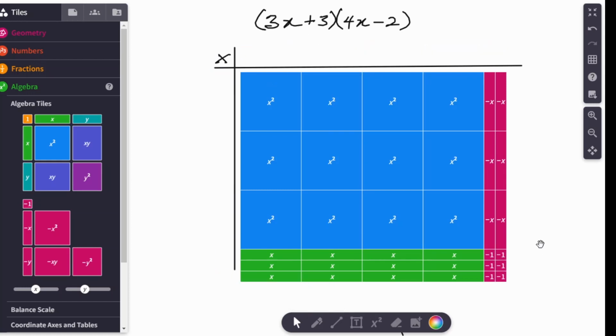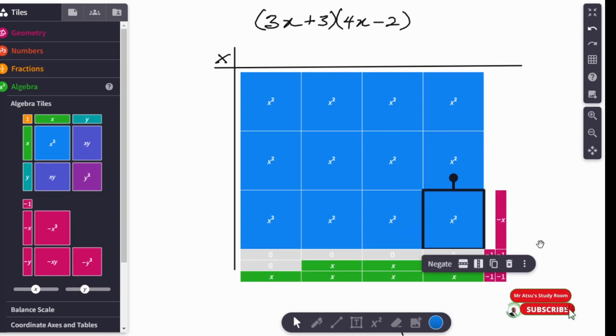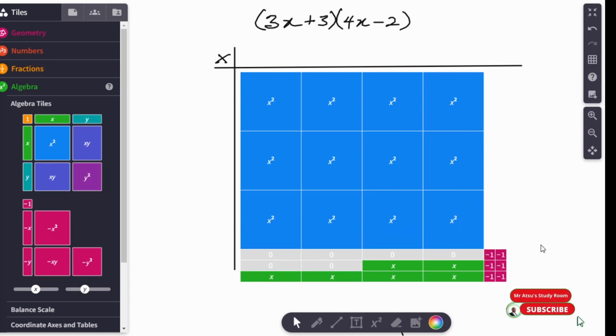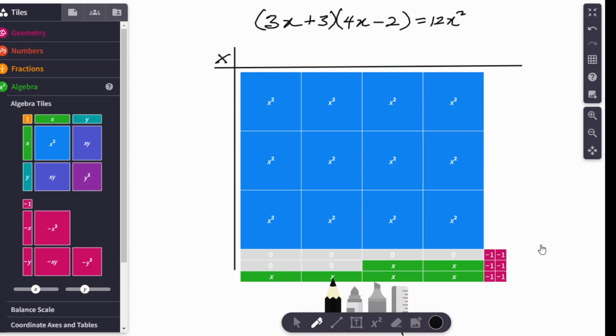We will now put the rest together, not forgetting to put together different colors of the same tiles. So let me do that before I go on with the counting. So this gives us 12x squared. Then we are left with 6x. So plus 6x minus 6.